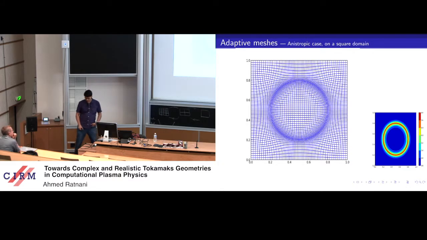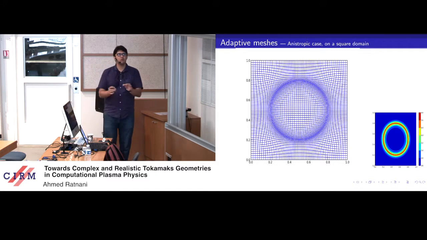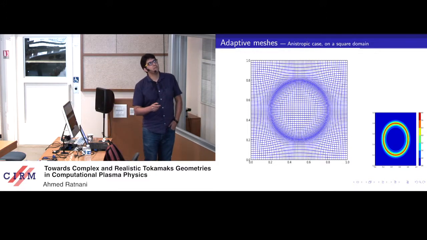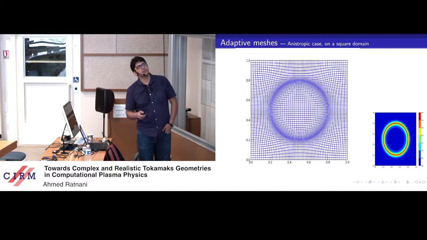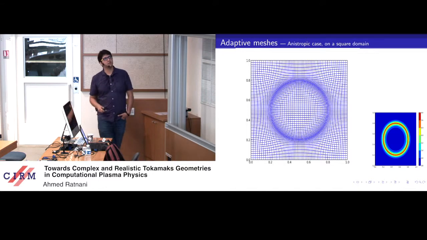Okay, so here are the meshes that you can get with this procedure. You take this monitor function, you put it inside the code, and it will give you something like this. So remember that we are still working on a structured grid. So this is just the image of my square, but my control points were moved in order to make the ratio between the information that you have here and the size of the mesh here of the same magnitude.